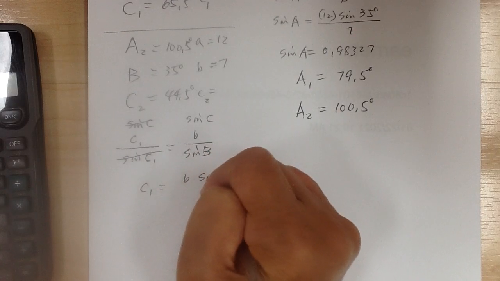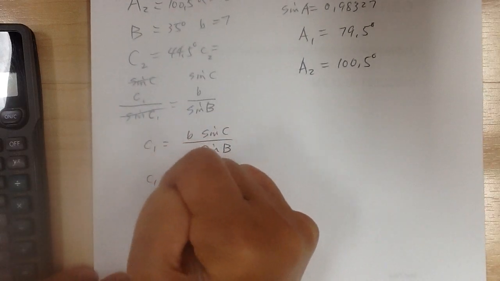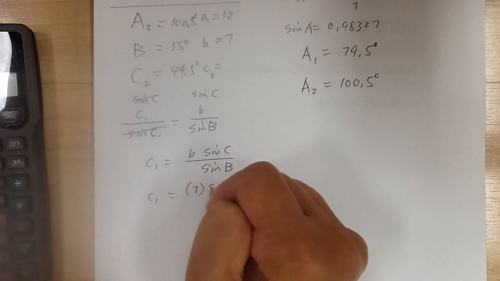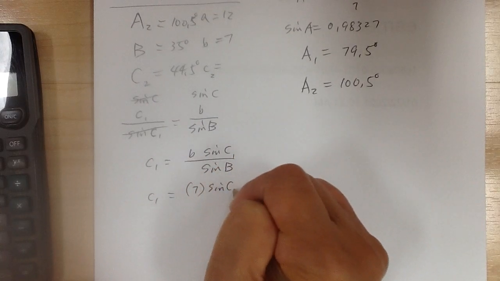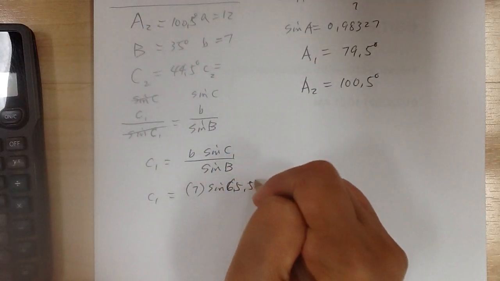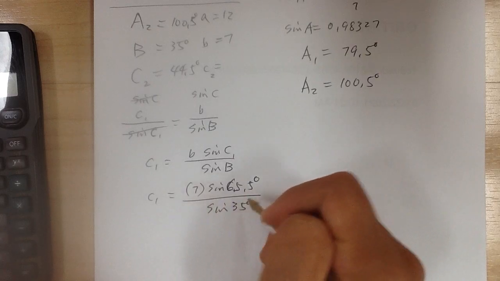I'm going to write it out again just to be more clear. So c1 equals b, which is 7, times sine of C1, 65.5 degrees, over sine 35 degrees.